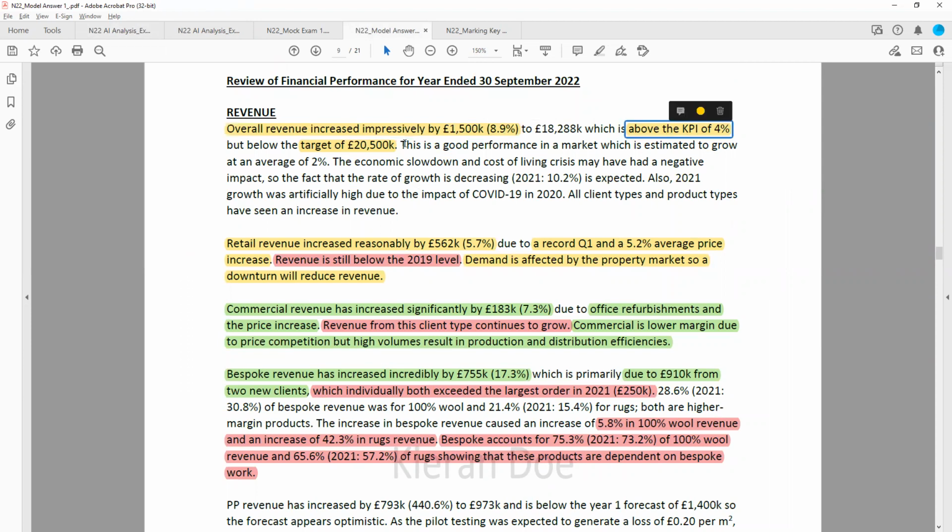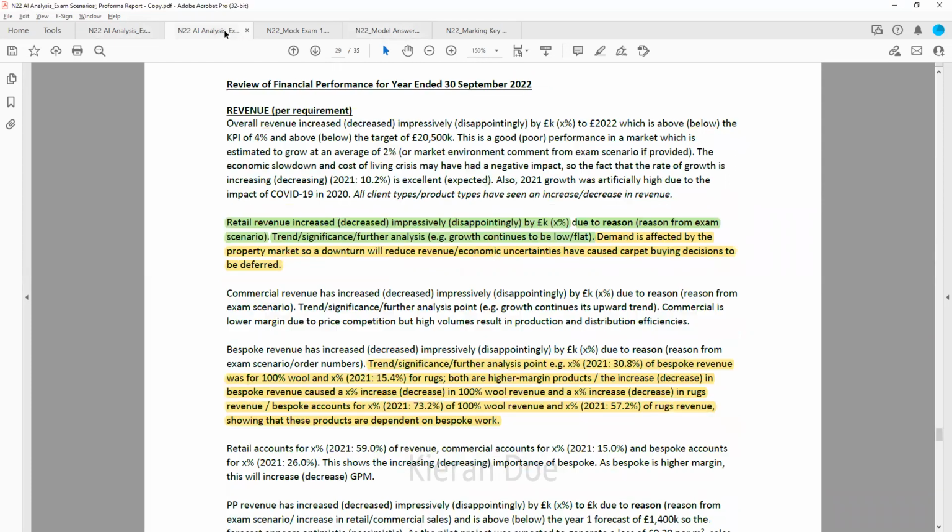So number, compare it to the targets, compare it to the average market growth as well, compare it to the prior year growth, and then a context point, so economic slowdown or cost of living crisis, even bringing in COVID that obviously affected the previous year as well. So that's what we'd have for overall revenue.